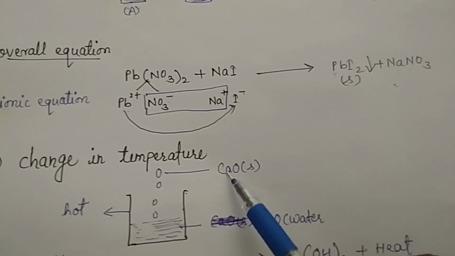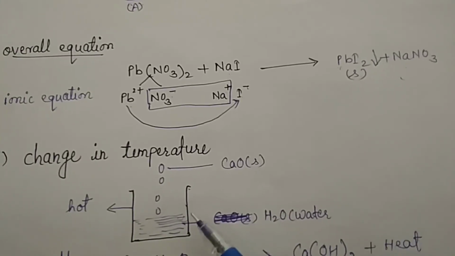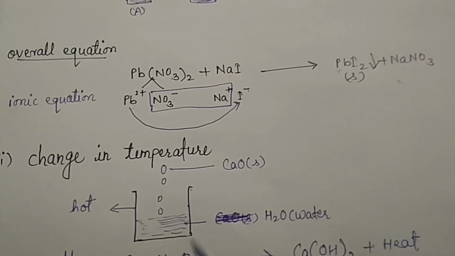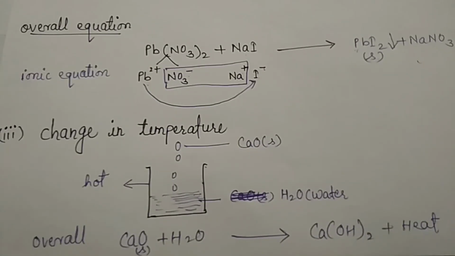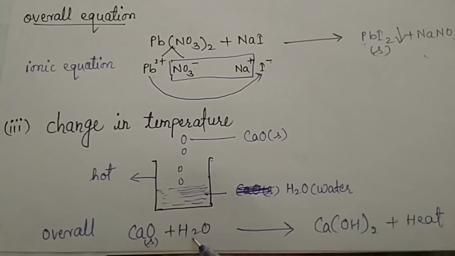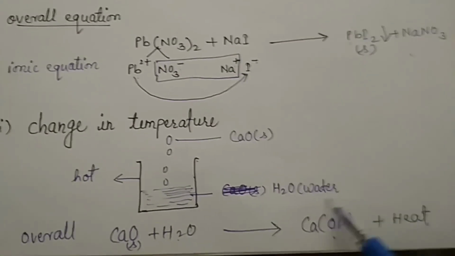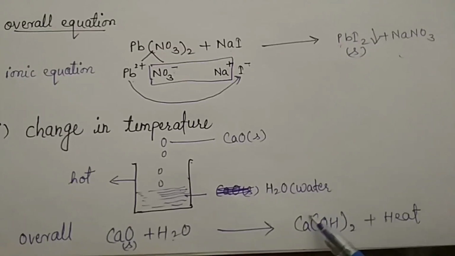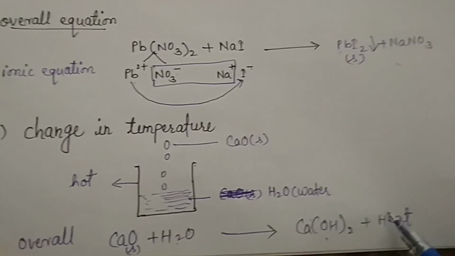After a while, we find that the beaker becomes hot when we touch it. So overall reaction we can write: when calcium oxide reacts or dissolves in water, it forms calcium hydroxide. Due to the formation of calcium hydroxide, the beaker becomes hot and heat is evolved.